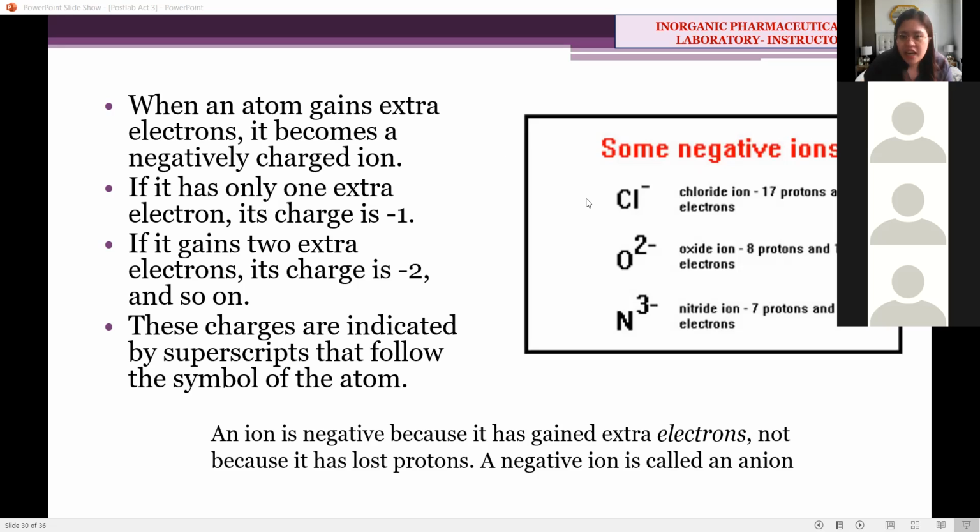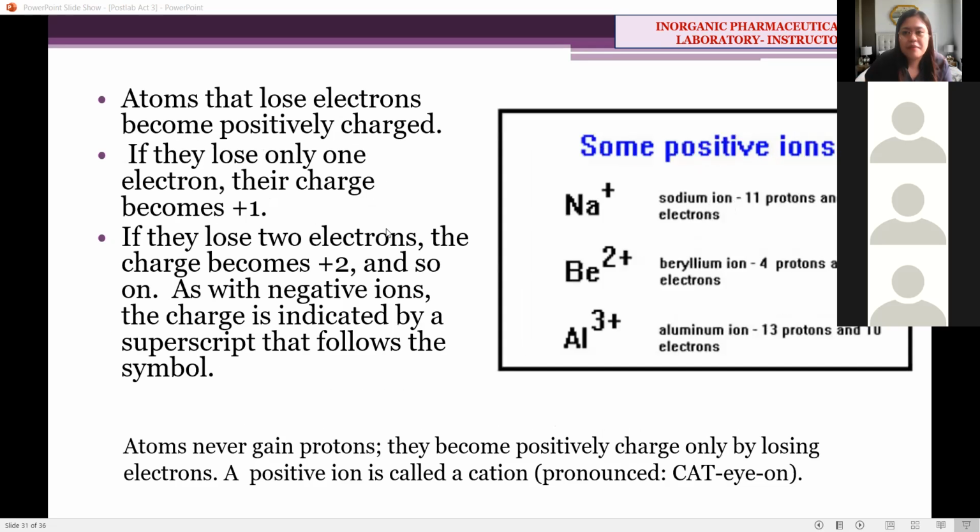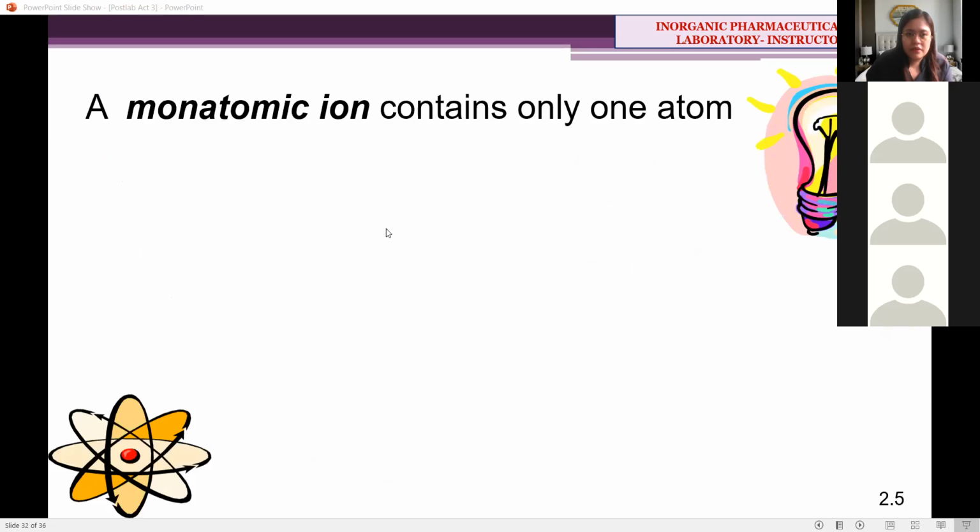And the charge is written as a superscript up here. So like chlorine, negative 1. That's the same thing with the positive ions. I have already discussed that one. When positively charged, it means it lost electrons so it has more protons. Okay?